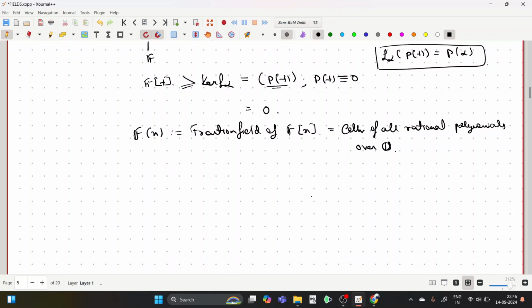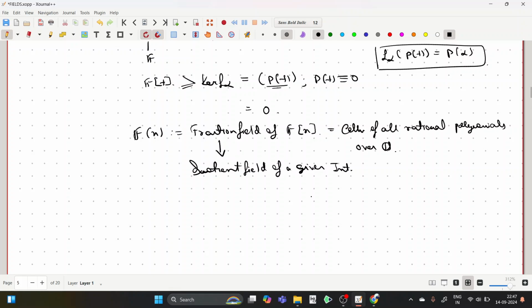Now the fraction field is what we also call the quotient field of a given ring, precisely a given integral domain.